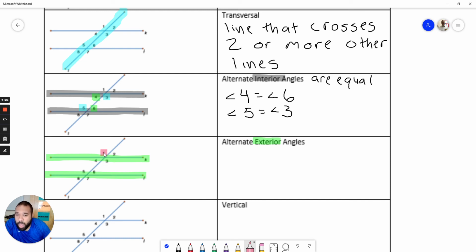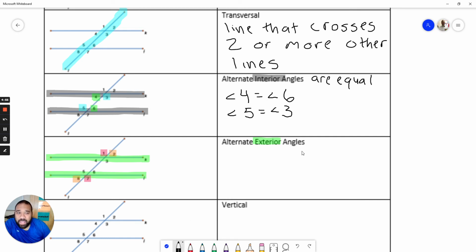So angle 1 and angle 7 are alternate exterior angles because they're on opposite sides and they're both on the outside of the parallel lines. And then angle 8 and angle 2 are also alternate exterior angles.